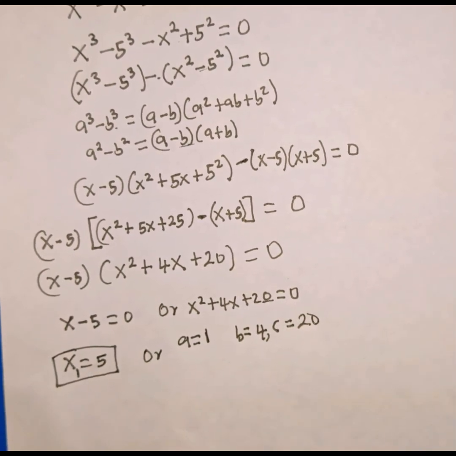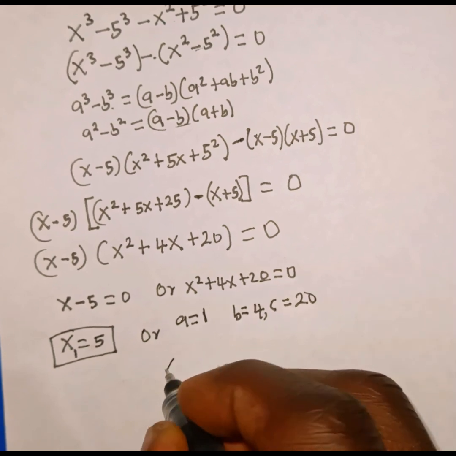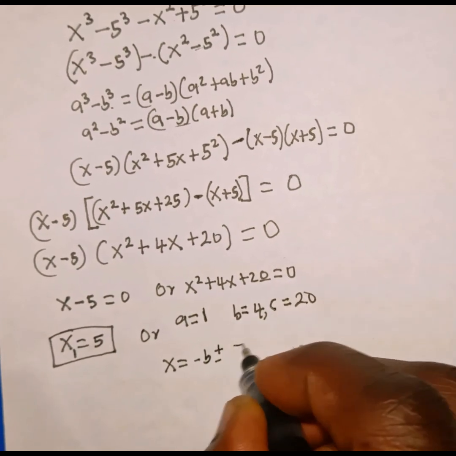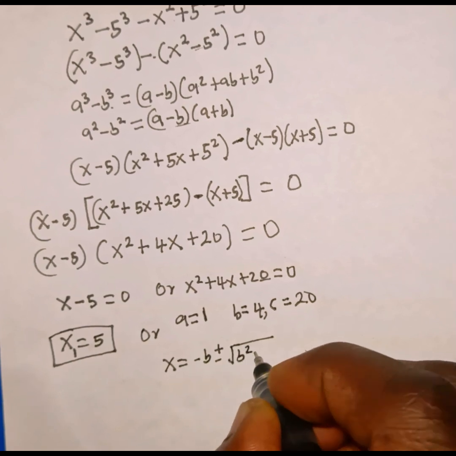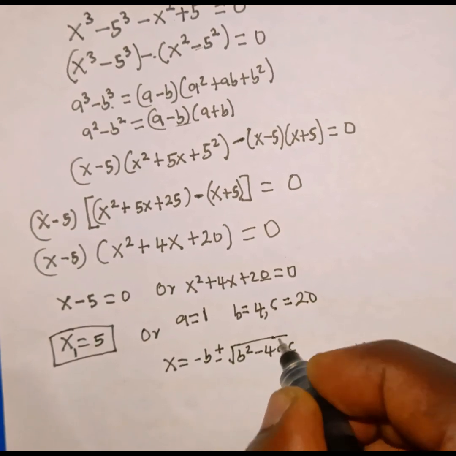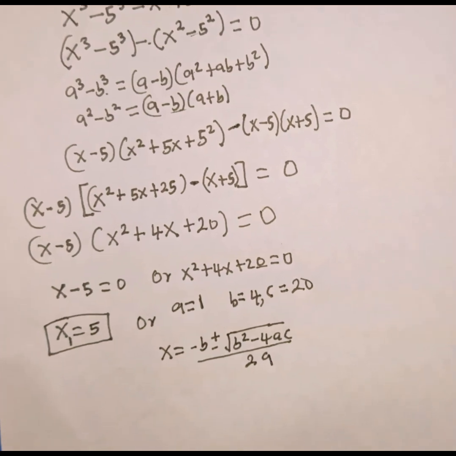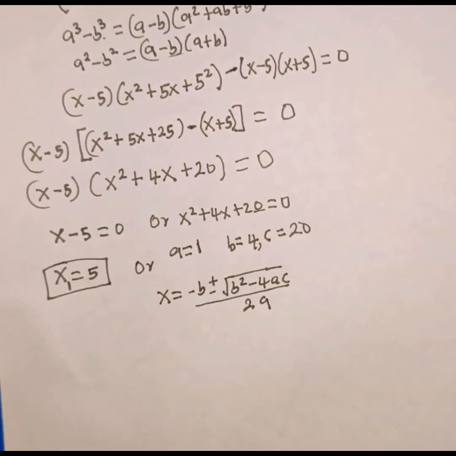Now we recall the quadratic formula. We are looking for x, which is going to be equal to minus b plus or minus the square root of b squared minus 4ac, everything over 2a. So this is the quadratic formula. Now we're going to substitute into this formula.